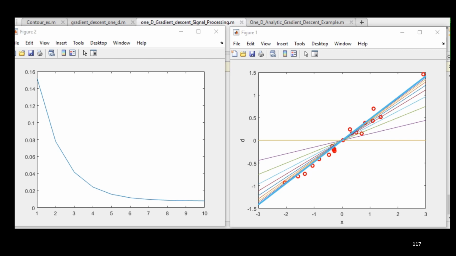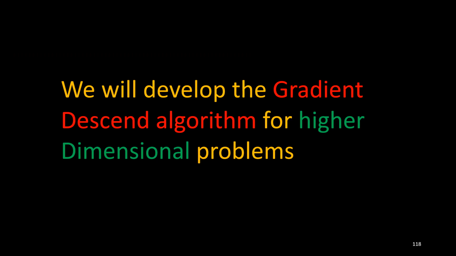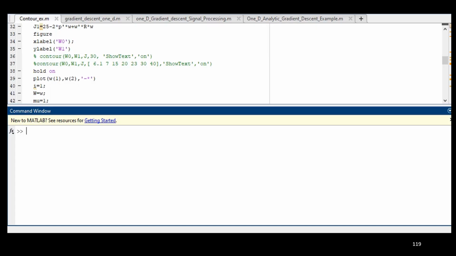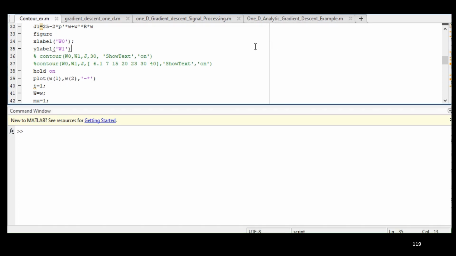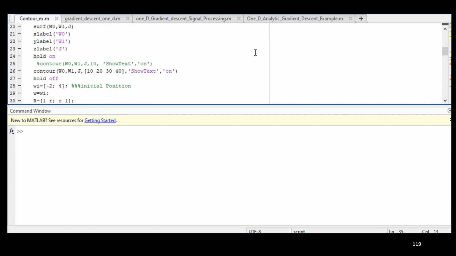And then we'll also develop the gradient descent algorithm for a higher dimensional problem in the next video. And then we'll take one problem, a two-dimensional problem, and there I'll show you how the algorithm converges in two dimensions.